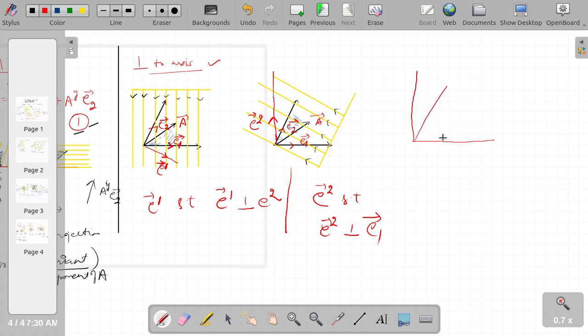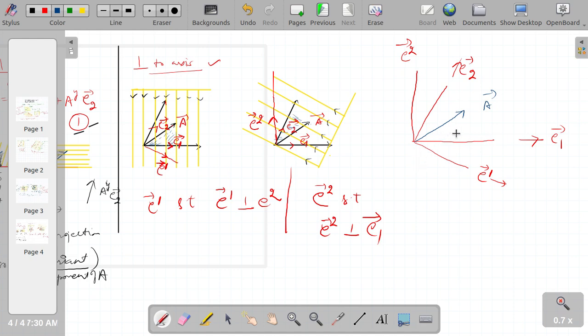This direction is E1 and this direction is E2, and my vector is the A vector.